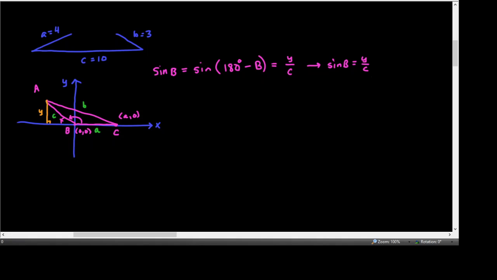Okay? And what would the cosine of B equal? Well, the cosine of B is the opposite of the cosine of its supplement. Now, let me think about that a second.